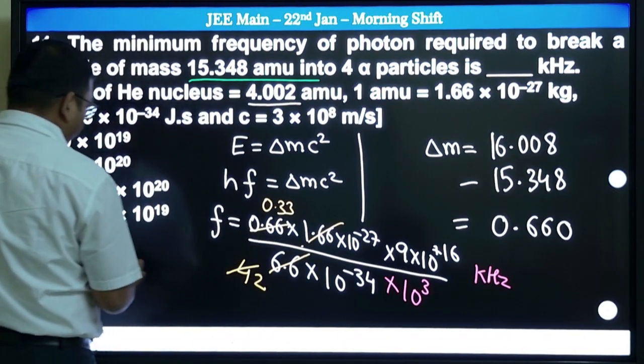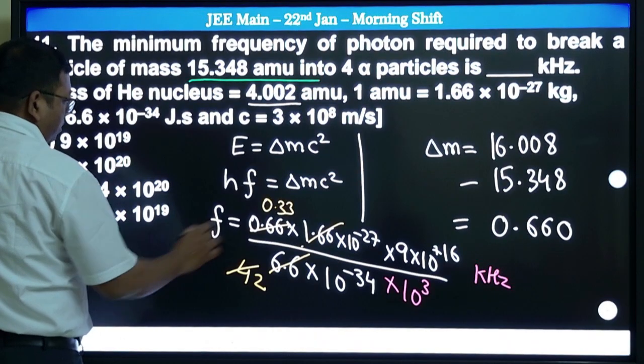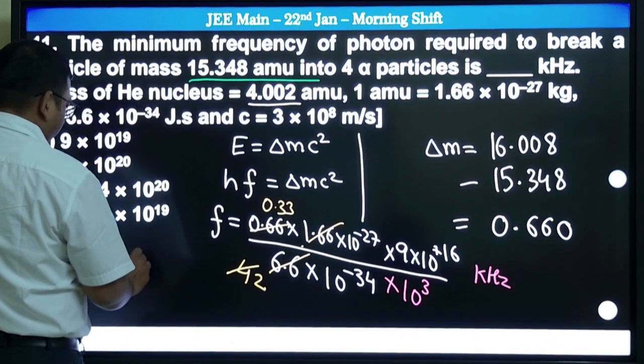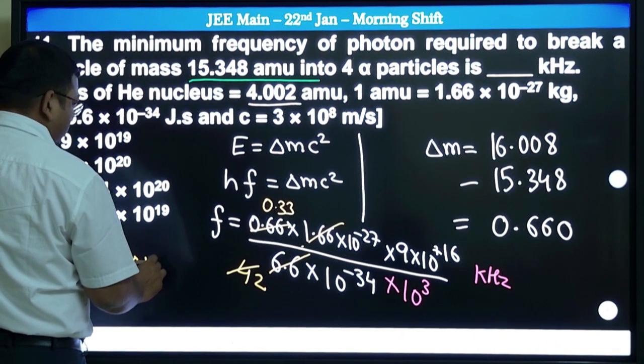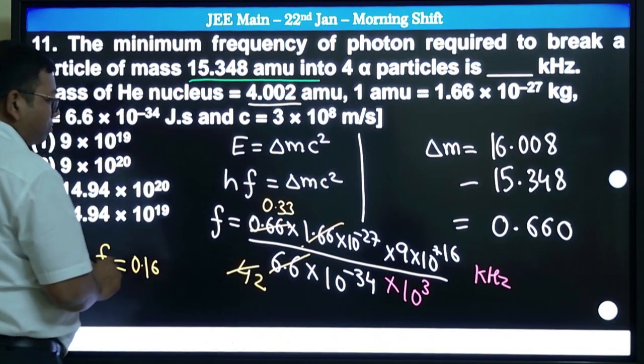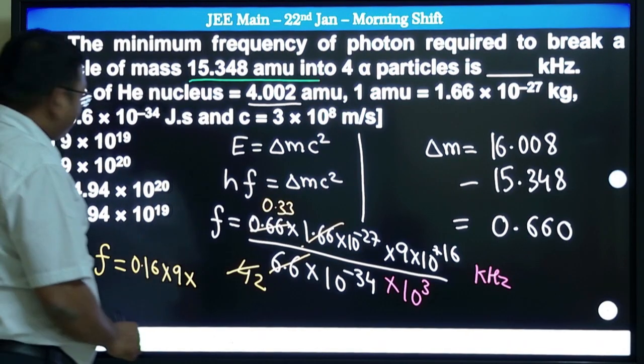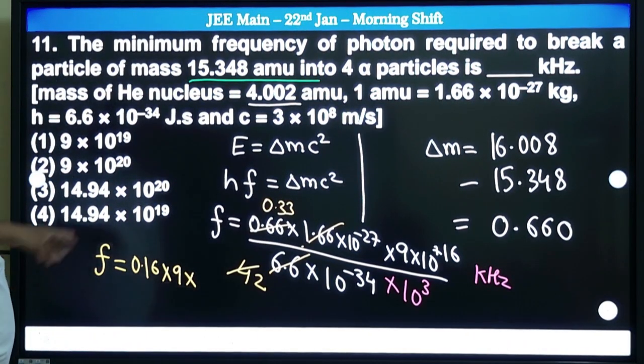So if you take this one frequency, that 0.33 also you divide it, right? It will become nearly 0.16. You take it, multiply with 9, then multiply with powers, you check.